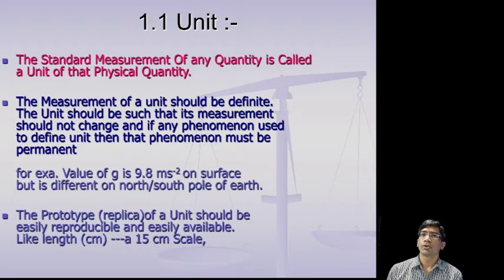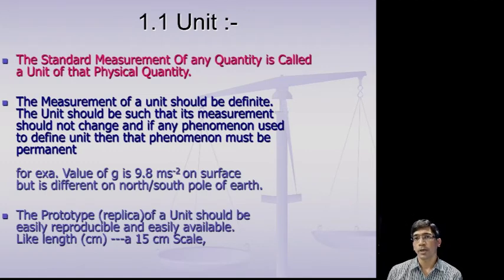How should the unit of a physical quantity be? First of all, the measurement of the unit should be definite and unambiguous. It is sure. It is a definite unit. The unit should be such that its measurement does not change.